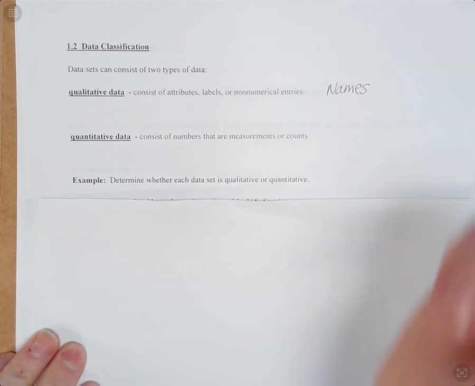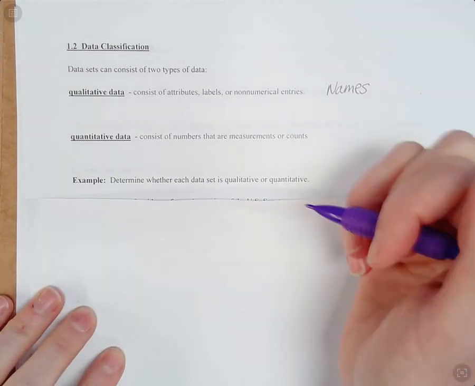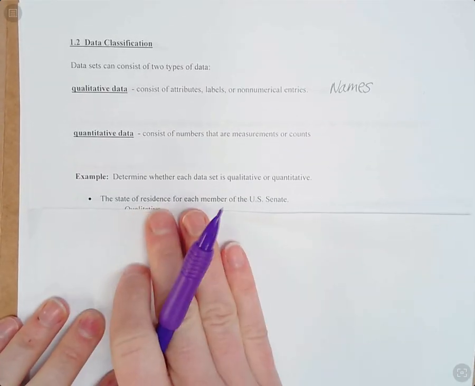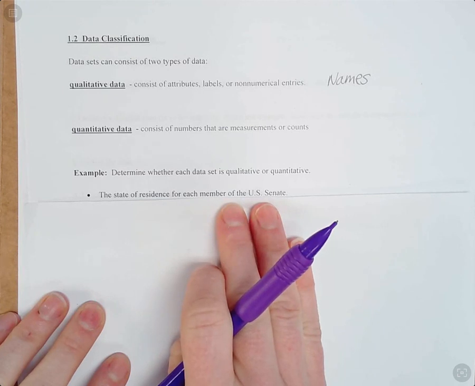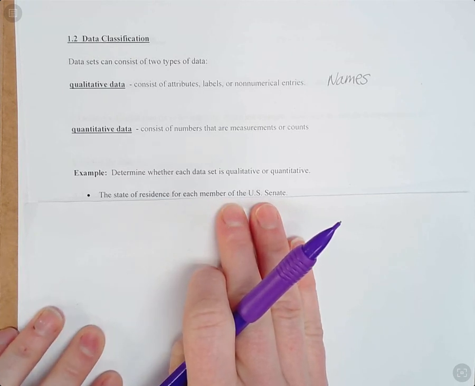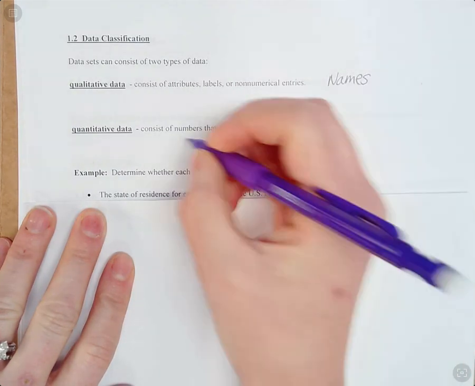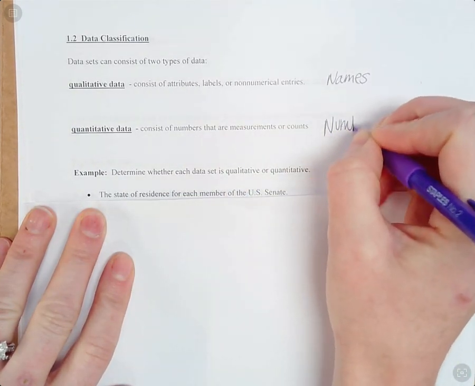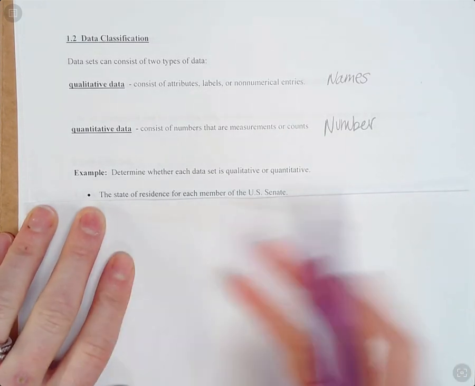Okay, examples. We're going to determine whether each set is quantitative or qualitative. State of residence for each member of the Senate. Is that going to be a name or a number? The state of residence.